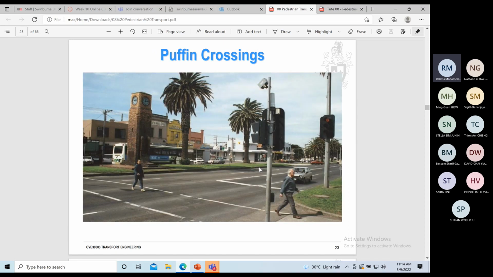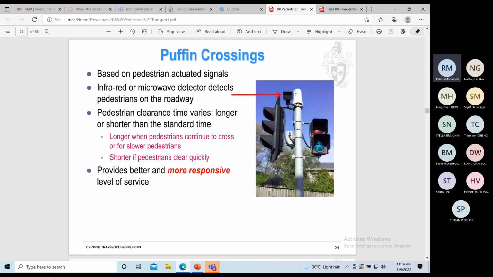Moving on to puffin crossings. This one has an infrared detector to detect the number of pedestrians on the road. It's a little more responsive because if it senses a lot of pedestrians, it can allocate a longer time for pedestrians to cross.